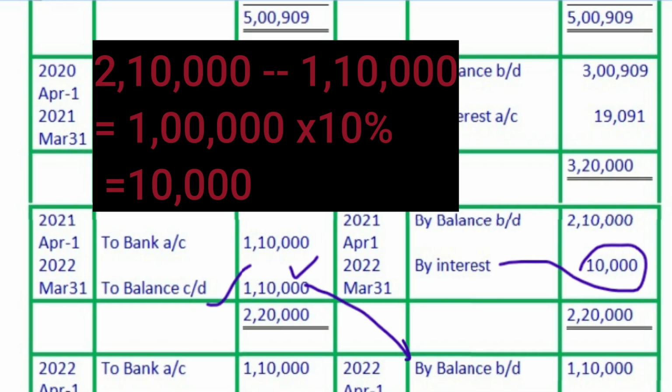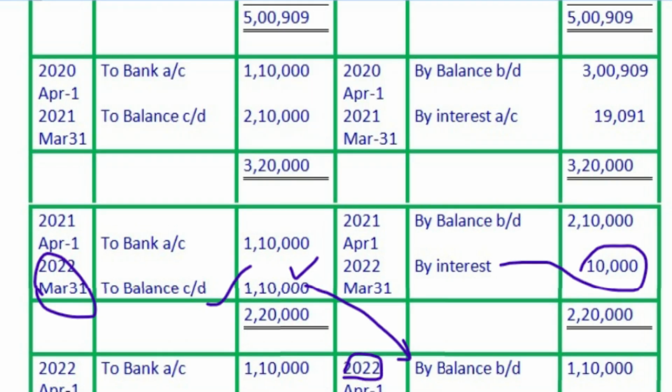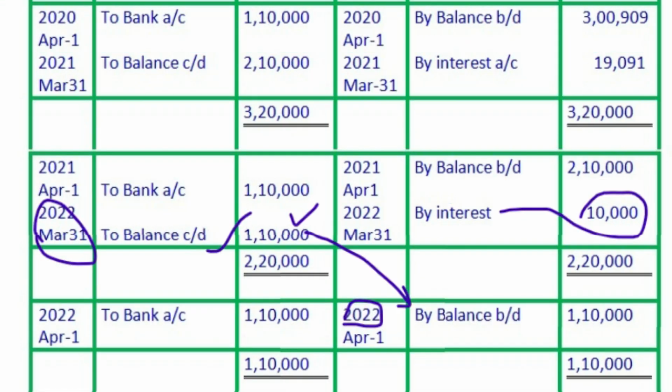the next financial year, after 31st March. Next is 1st April 2022, by balance BD 1,10,000, and the final installment is paid to the bank account, 1,10,000, and this is on the first day of next year.